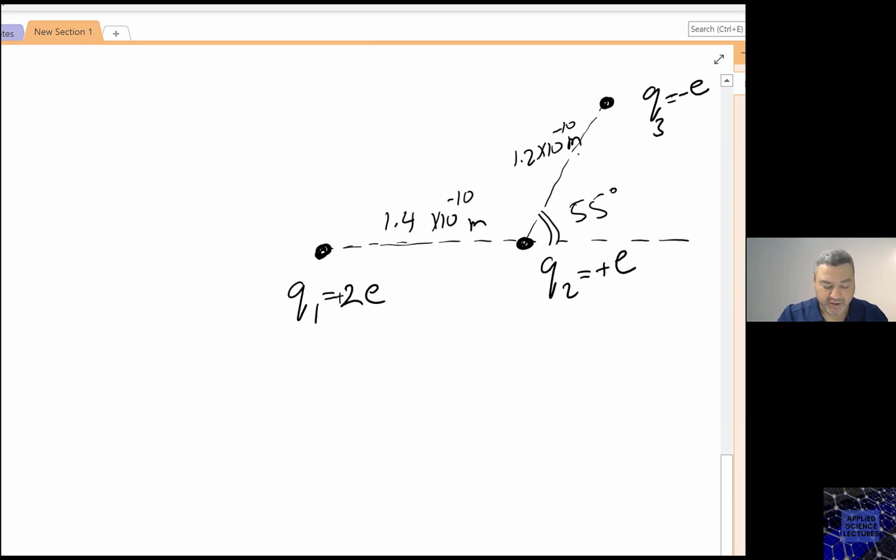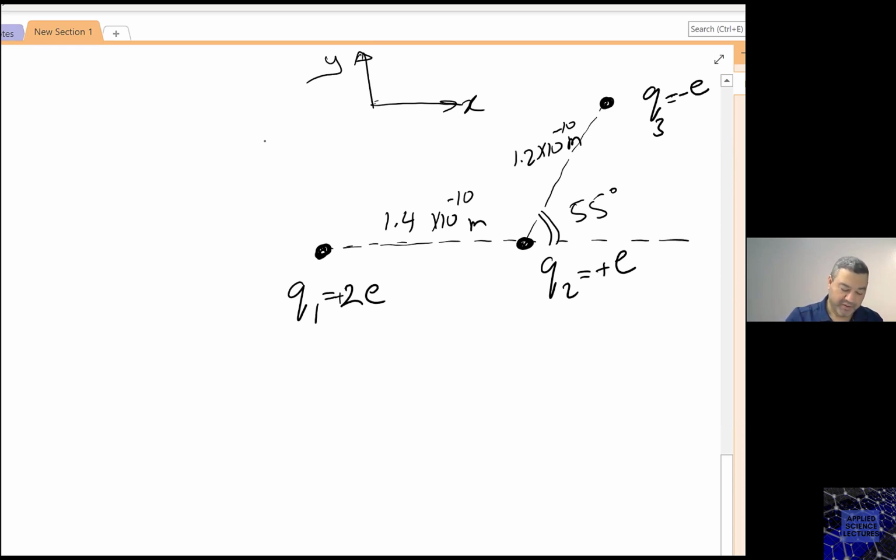So we need to calculate the net force exerted on the Q2. My coordinates are the following: X, Y.